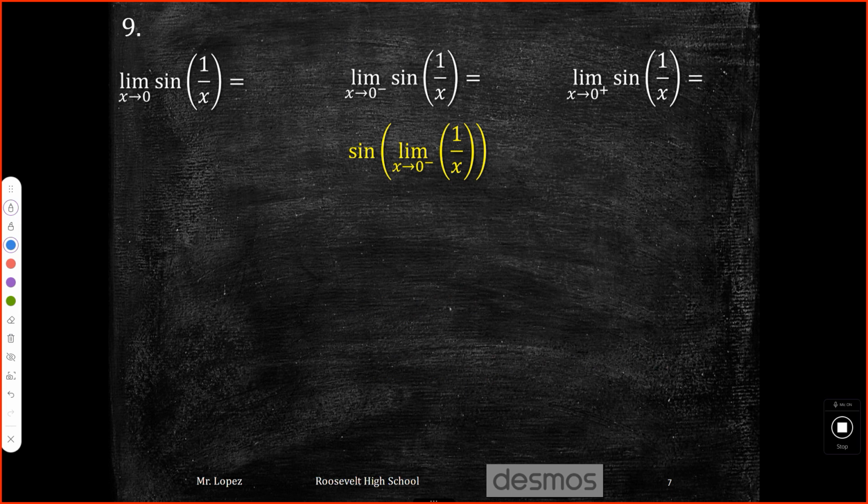Let's apply the composite function rules. We do the limit as x approaches 0 from the left of 1 over x. As we approach 0 from the left, the function goes to negative infinity.